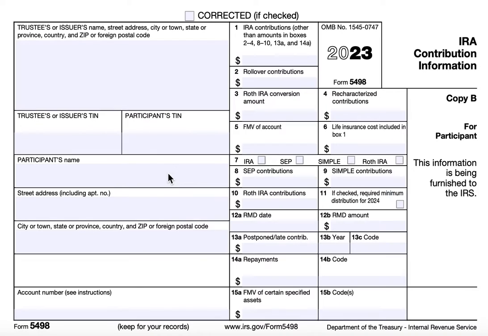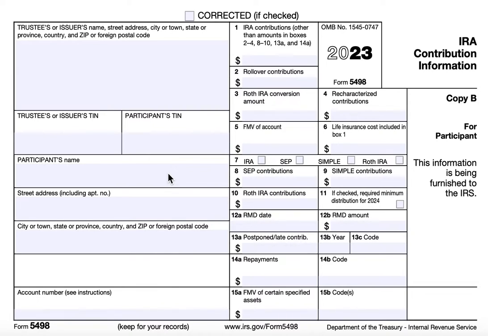Now, Form 5498 is found on the IRS website in conjunction with Form 1099-R. The way to remember how each form works is that the Form 1099-R is issued to you as a taxpayer anytime money comes out of an IRA.